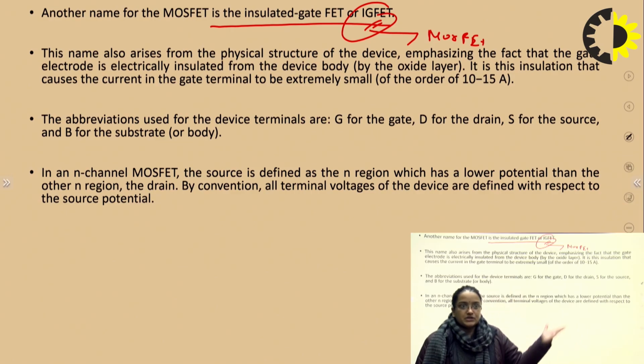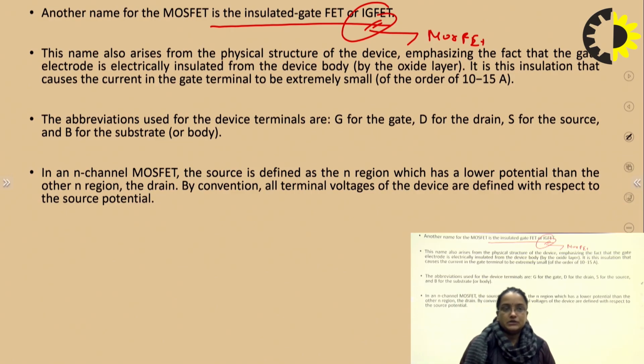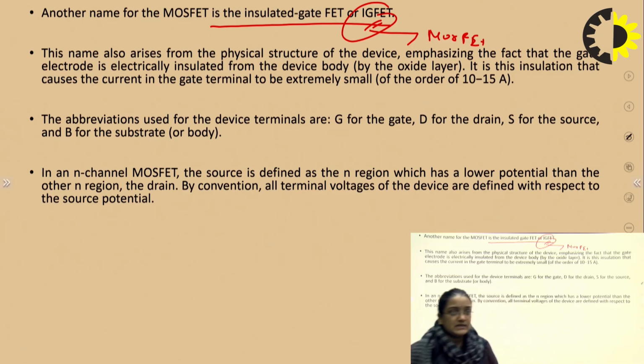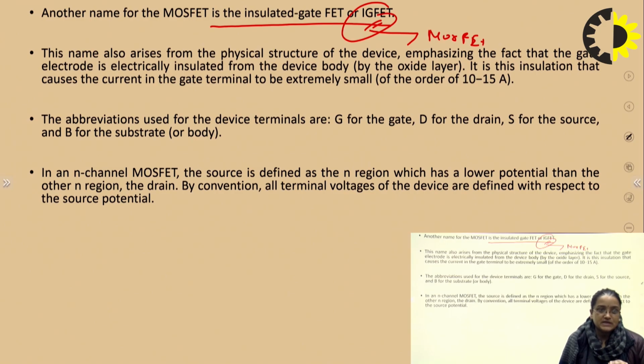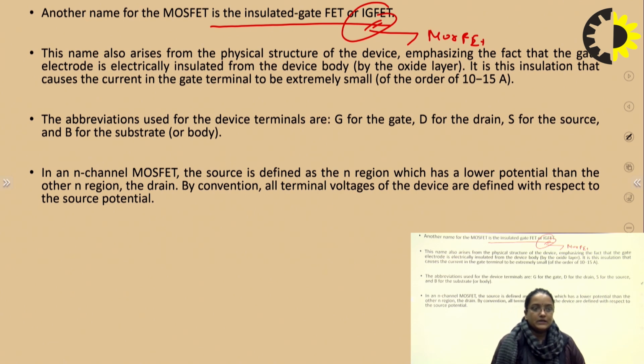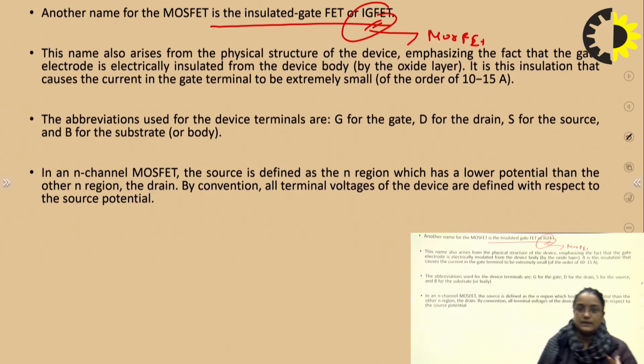So the abbreviations used for the device terminals are G for the gate, D for the drain, S for the source, and B for the substrate. Next, in an N-channel MOSFET, the source is defined as the N region which has lower potential than the other N region, the drain. By convention, all the terminal voltages of the device are defined with respect to the source voltage. So in this, the biasing voltage or the applied voltage is depicted as VGS.